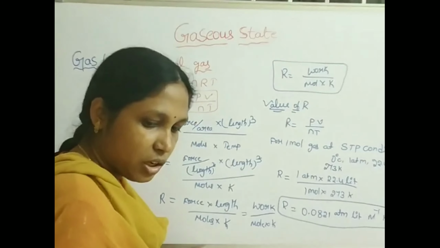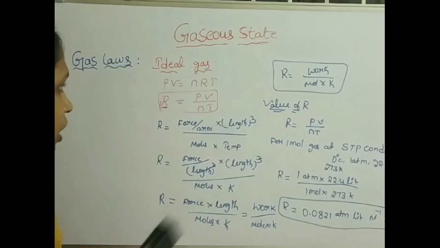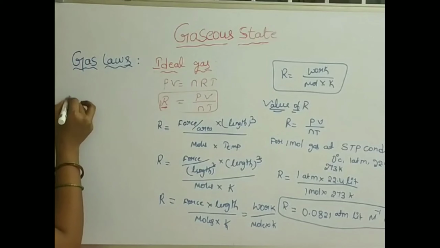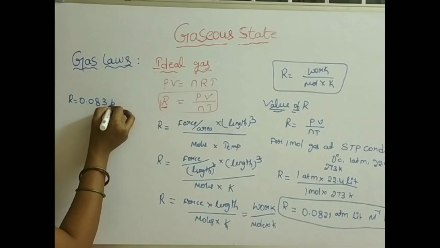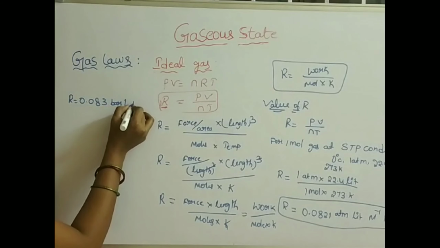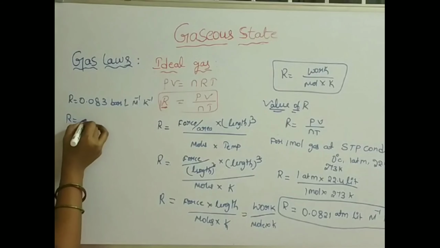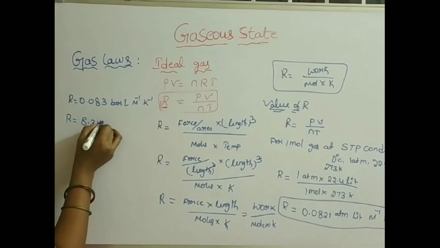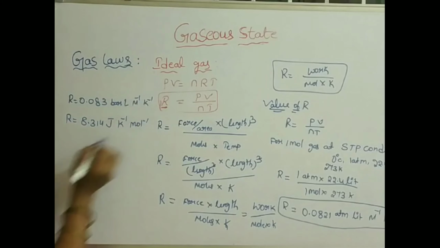Otherwise, taking pressure in bar instead of atmosphere, the R value is 0.083 bar liter mole inverse Kelvin inverse. R value in joules is 8.314 joule Kelvin inverse mole inverse.